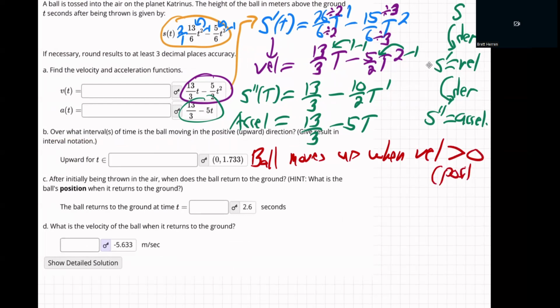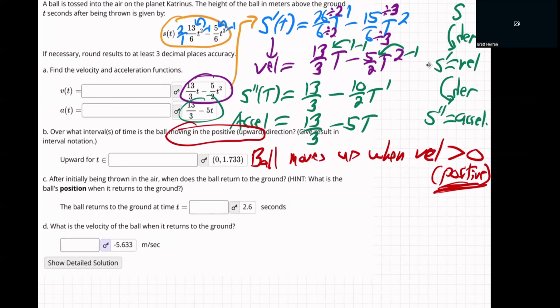Does that make sense? Positive velocity means the ball's going up. Negative velocity means the ball's going down. So when they say we want the ball moving in the positive upward direction, we want the velocity to be positive.